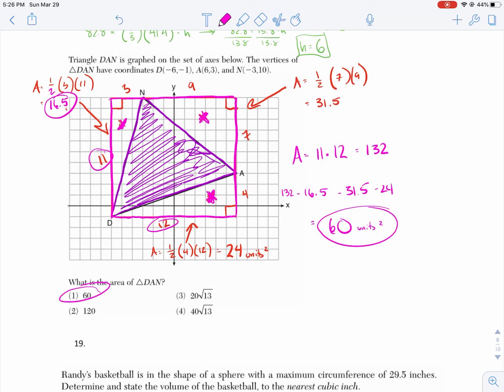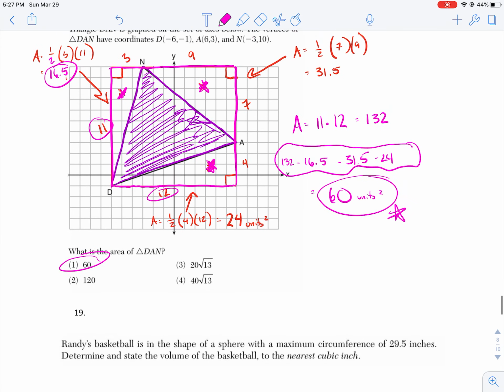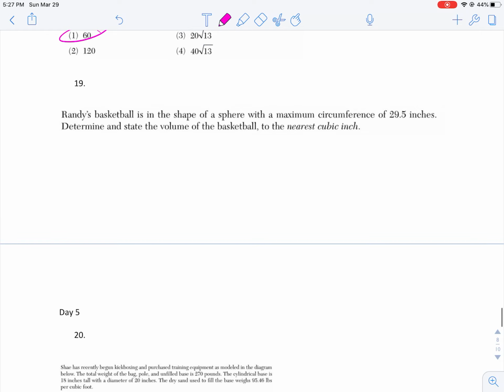We could find their base and their height, and then once we find those three areas, we subtracted them from the big rectangle. And that's how you should come up with 60 units squared. Okay? So hopefully that helps you guys out in that sense.